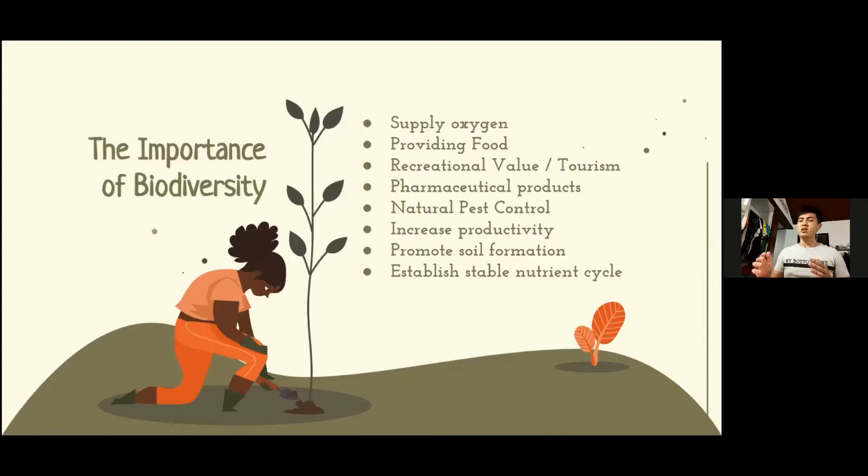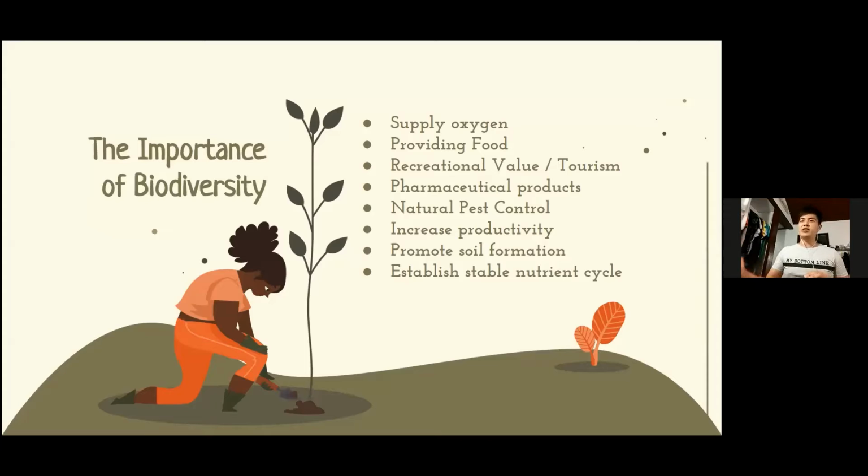And a lot of our pharmaceutical products, like our medicine, also come from the research on plants that are found in the forest. So if we want to find a cure for future diseases, then it's important for us to conserve the biodiversity.